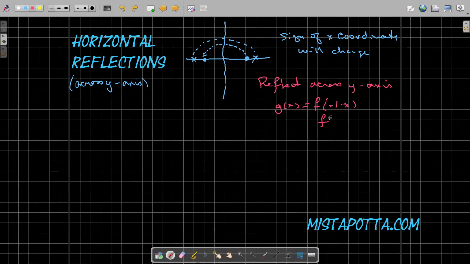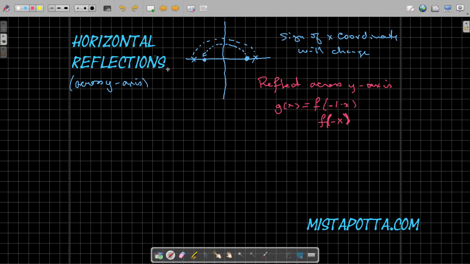Or sometimes we'll just see it as f of -x. So in other words, because it's dealing with lefty-righty stuff instead of uppy-downy stuff, I need to make sure that I'm dealing with stuff inside the parentheses. Anything dealing with the left or the right is going to be dealing with inside the parentheses. Anything dealing with uppy-downy stuff is going to be dealing outside of the parentheses, because it's going to be stuff that's happening to y instead of stuff that's happening to x.